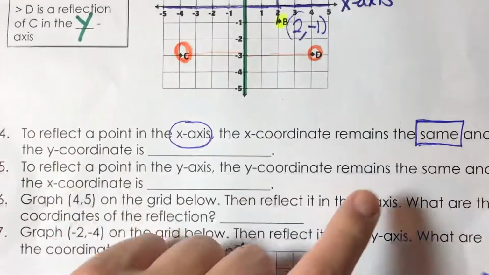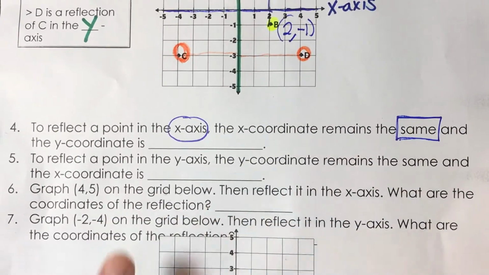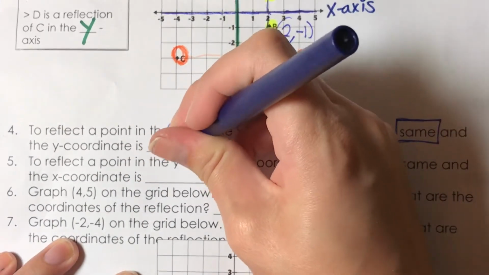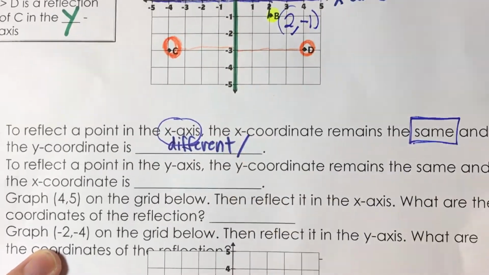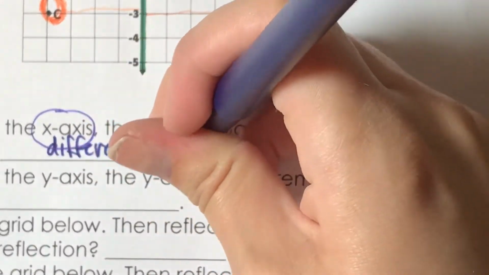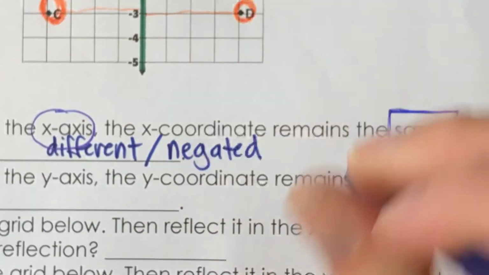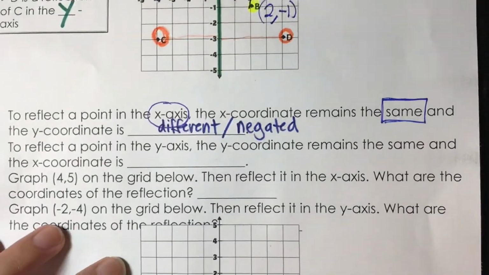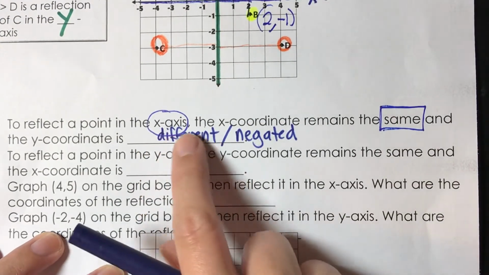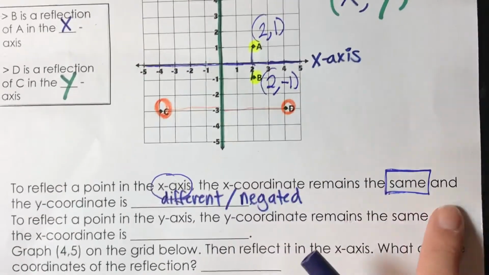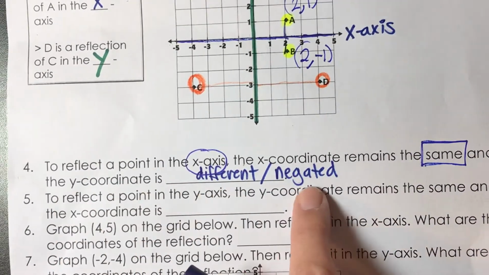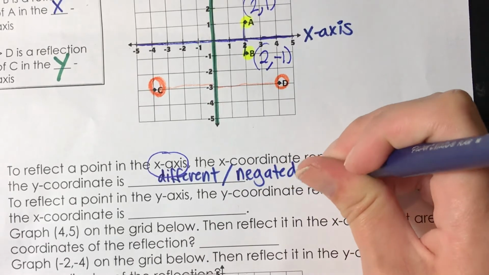If the x's are the same, that means the y-coordinate has to be different, but the mathematical term you're going to add to your notes, I'm going to zoom in for this, is called negated, to make negative. So to reflect the point in the x-axis, the x-coordinate remains the same, and the y-coordinate is different, negated, or opposite.